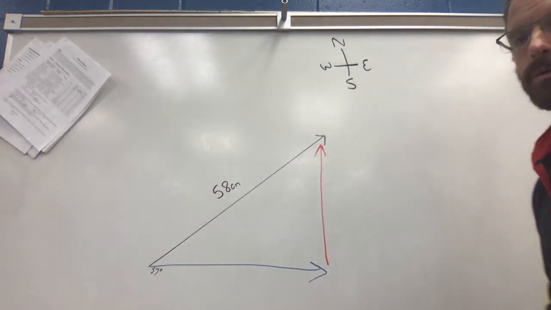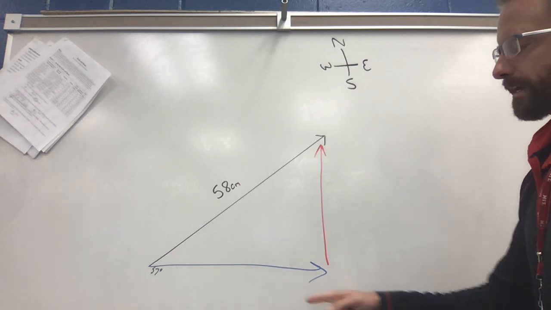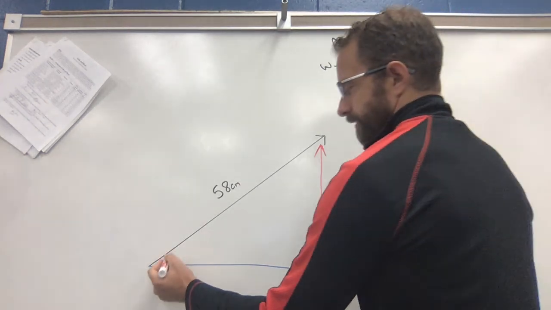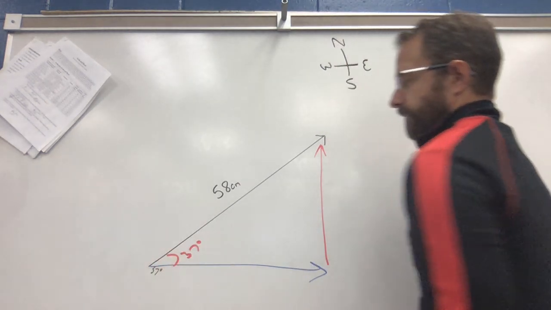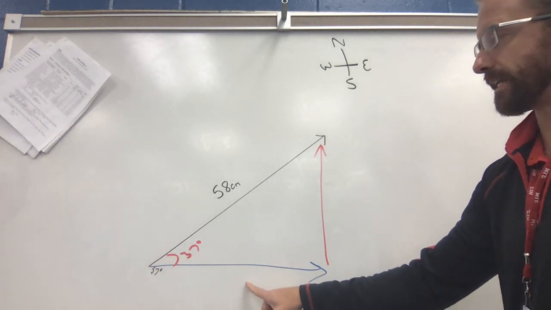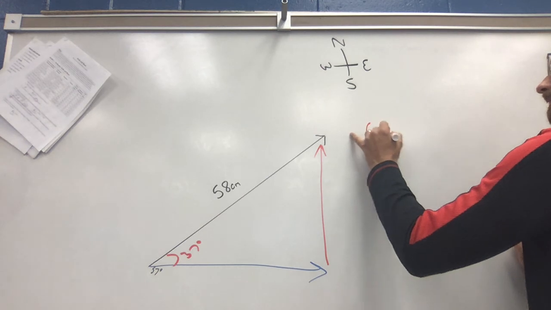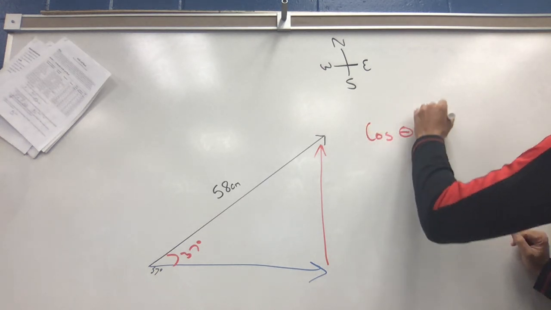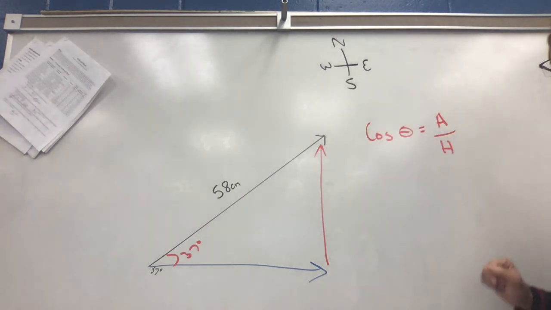So if I do my SOHCAHTOA stuff, the 37 degrees is right here. If I want to know the X, that's going to be the adjacent side. So cosine of an angle is adjacent over hypotenuse.